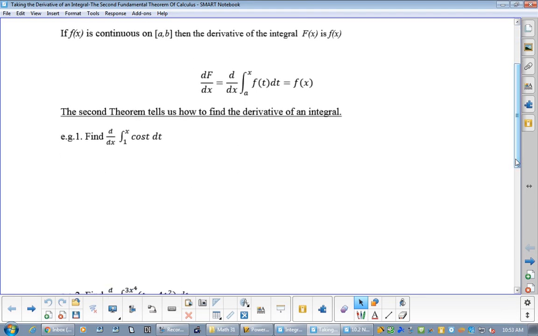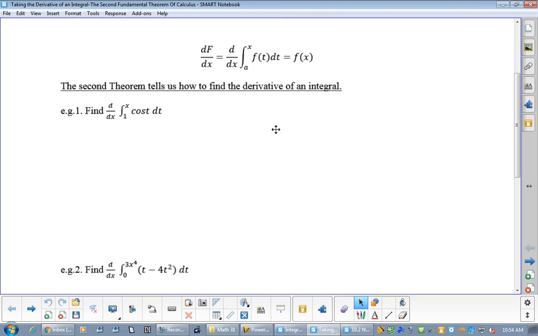Now, if f is continuous on [a, b], then the derivative of the integral will be our function. So the derivative, df over dx, of the integral should give us the function f at x. Okay? Yes, but there's a but there, and that's why I'm going to go through this.